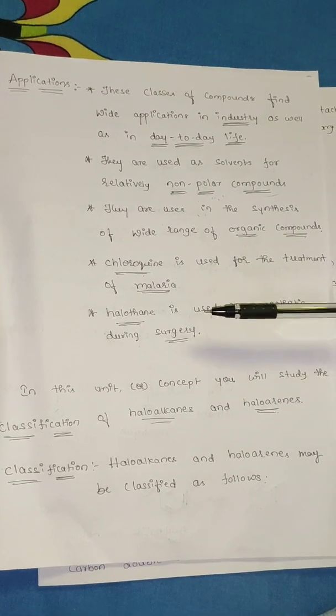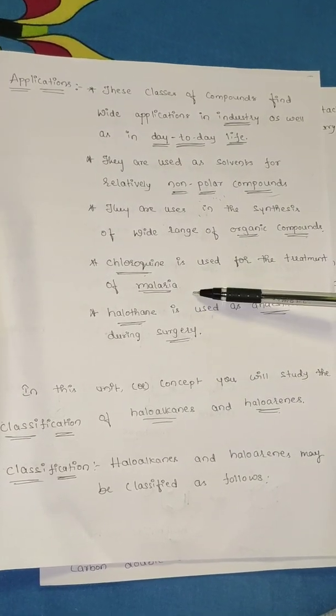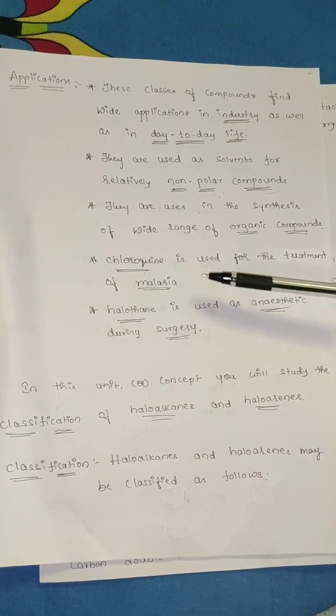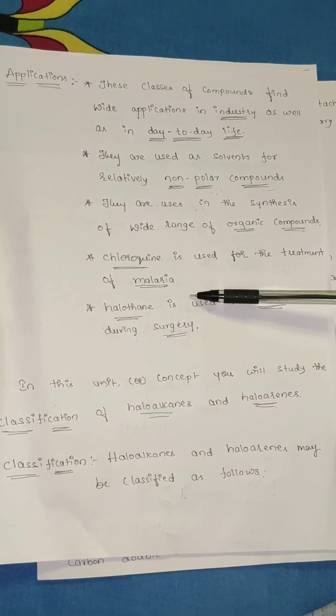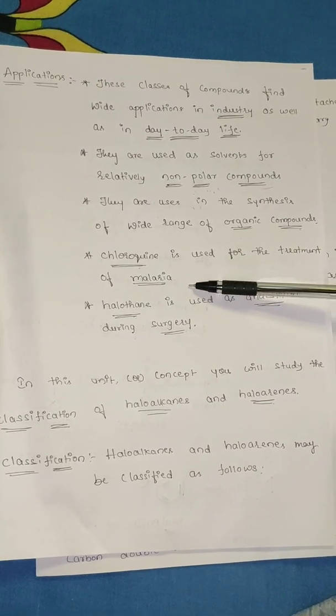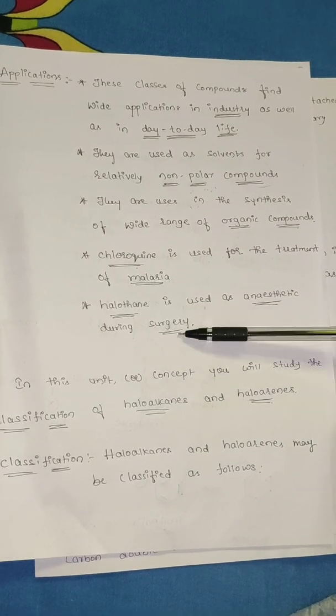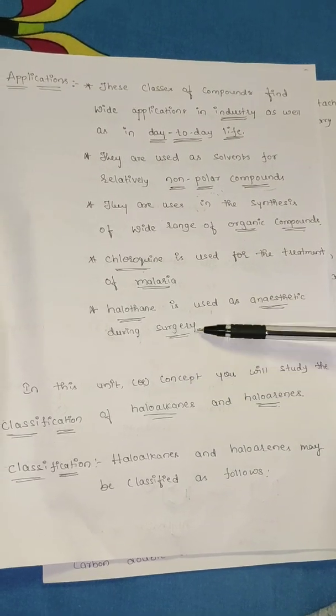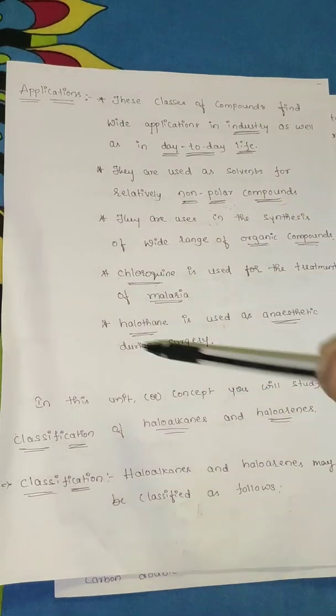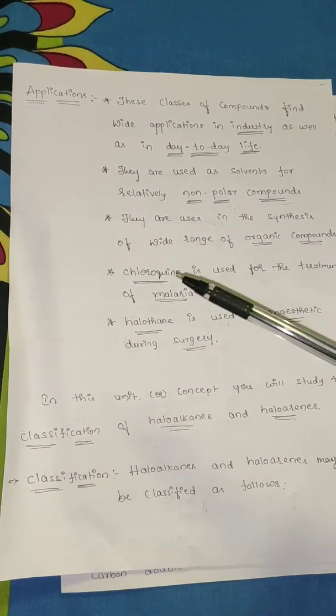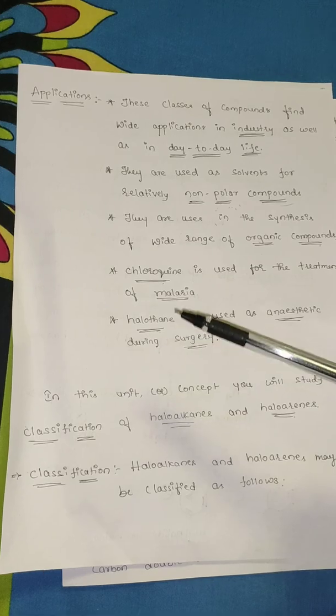Two very important applications are chloroquine and halothane. Chloroquine is used for the treatment of malaria. Halothane is used as an anesthetic during surgery. You should remember these two as very important applications.